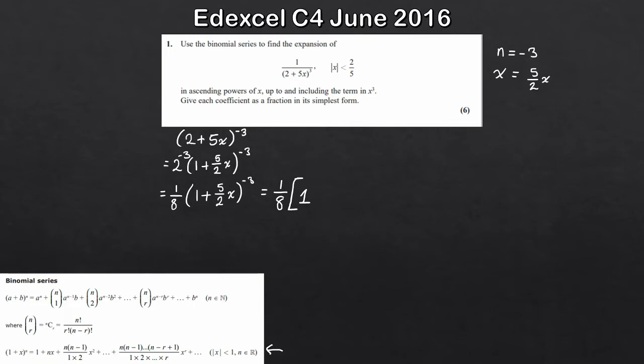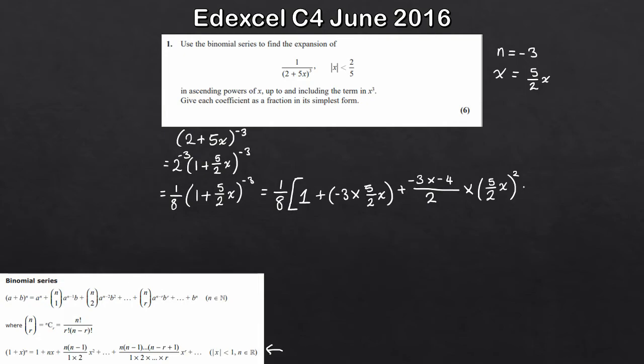Plugging everything in, I've got plus minus 3 times 5 over 2 x. That's my nx. Then plus n times n minus 1, so that's minus 3 times minus 4, divided by 2 times 1, so 2, and then times (5 over 2 x) all squared. That's the x squared term.